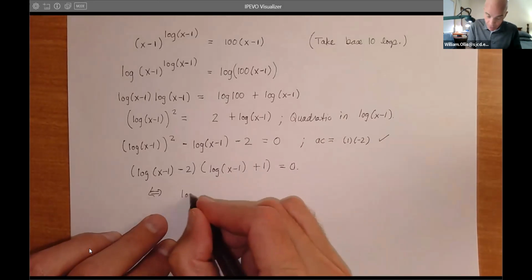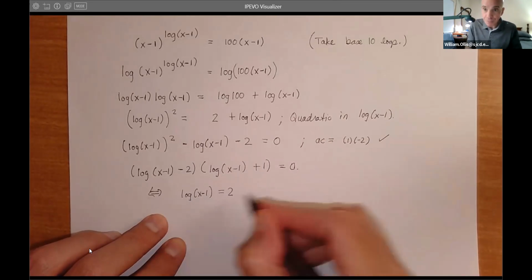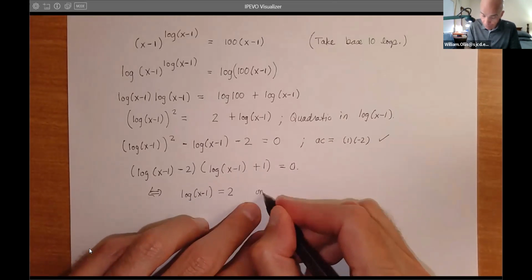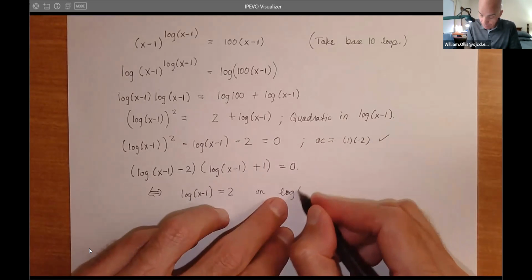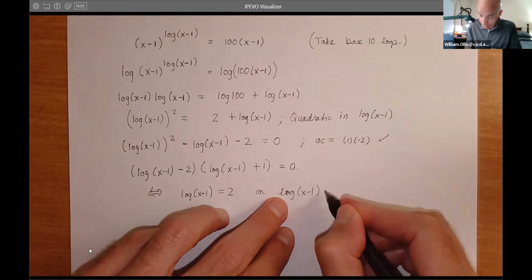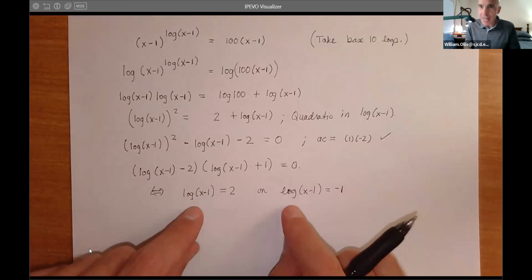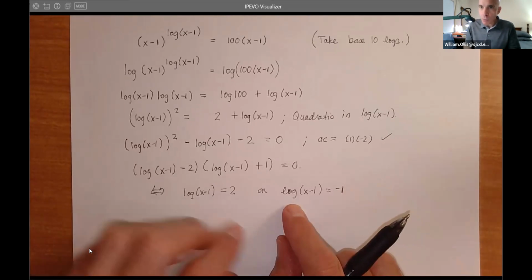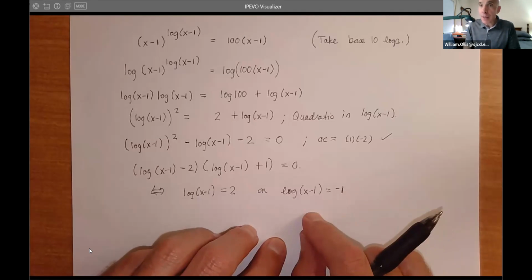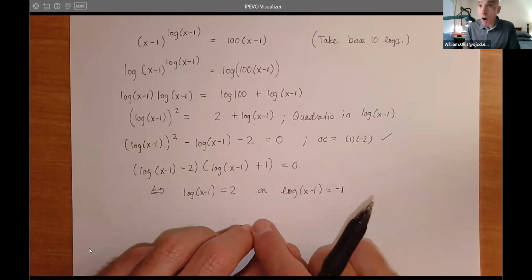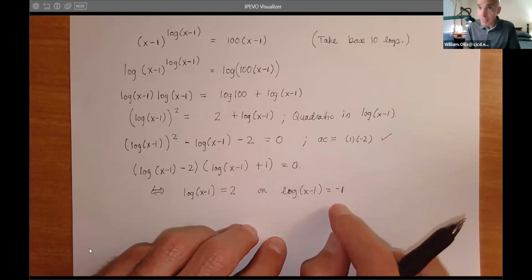So we have log of x minus 1 equals 2, or log of x minus 1 equals -1. Now, this is where if we had exponential terms here, then we would say, wait a minute, no real solution. But remember, the logarithm has all reals as the output. And so this is not an issue here.